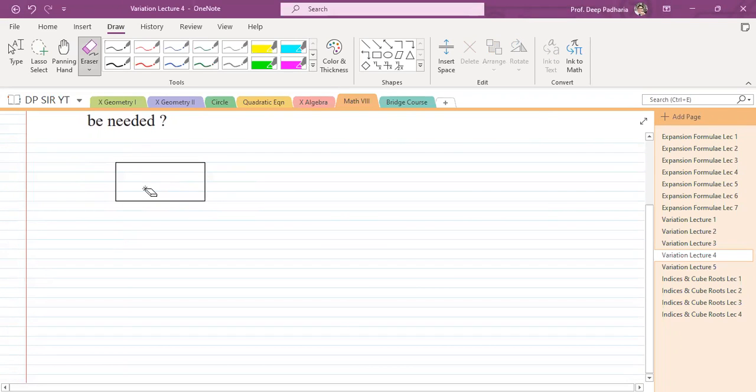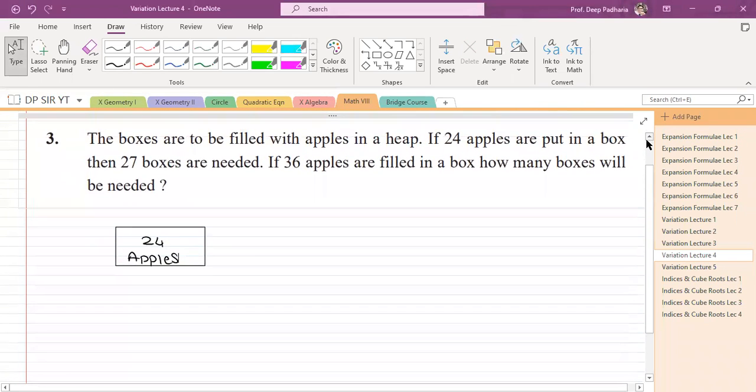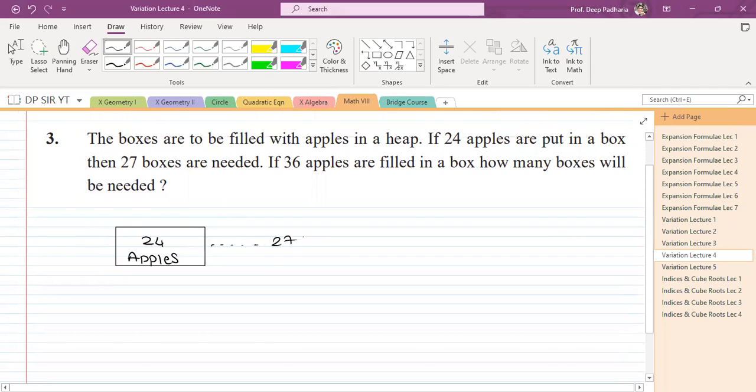So suppose in each box there are going to be 24 apples. And further they are asking me that if 24 apples are put in a box, 27 boxes are needed. मतलब अगर एक बॉक्स में 24 एप्पल है तो मुझे 27 बॉक्स लगेंगे. So I'll require 27 boxes.